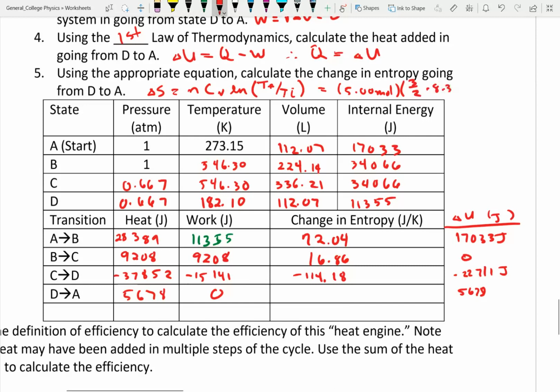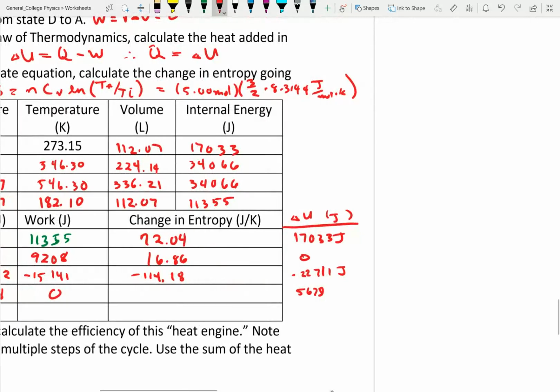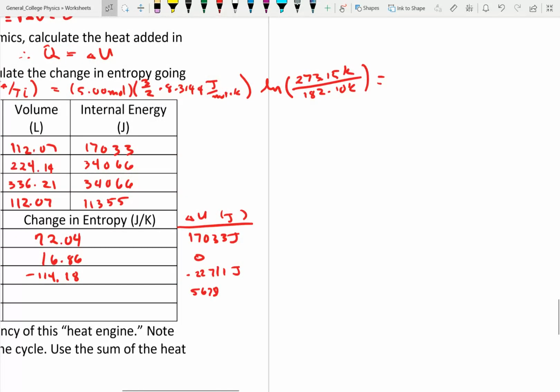Times 8.3144 joules per mole Kelvin. And then times natural log, temperature final is 273.15 kelvins, temperature initial was 182.10 kelvins. And so that gives us a change in entropy of 25.28 joules per Kelvin.